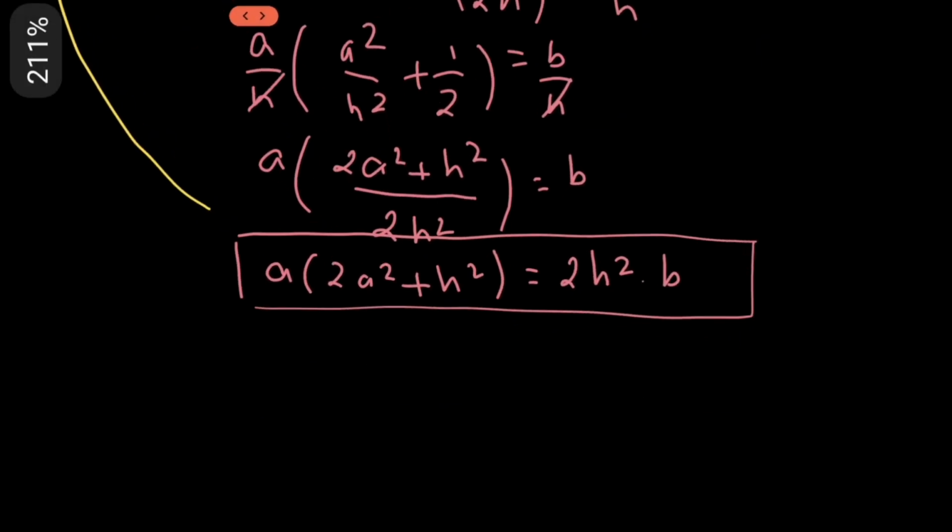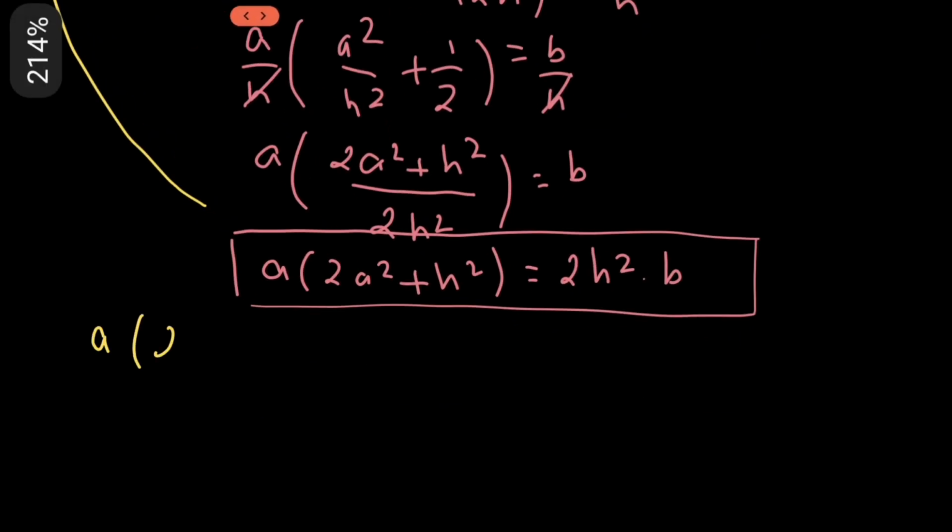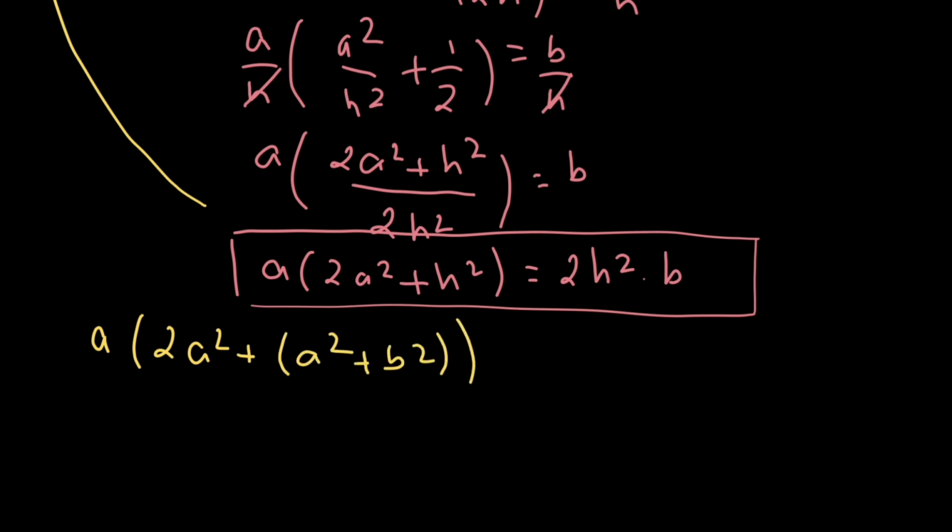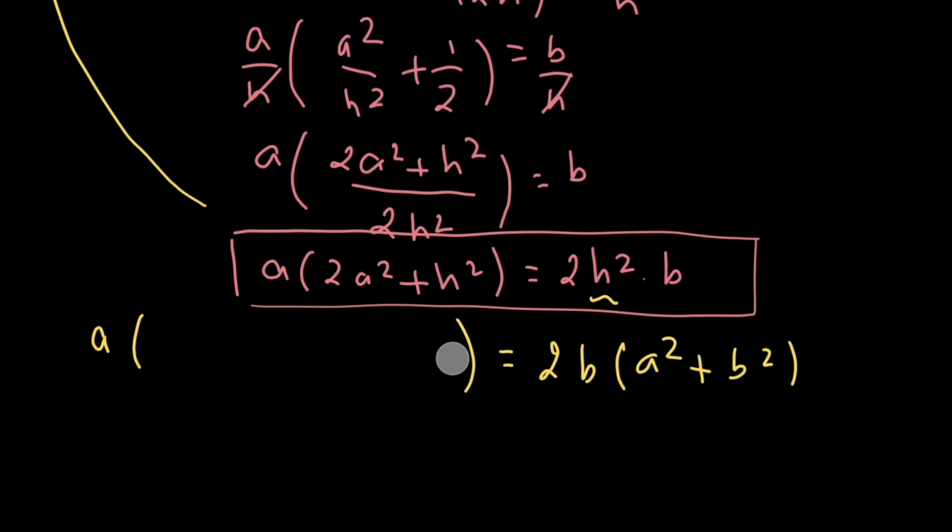So using that, I will get a multiplied with 2a square plus, now instead of h square I will write a square plus b square. This is equal to 2 times b multiplied with a square plus b square, the value for h square. So inside this bracket, I can see 2a square plus a square plus b square will turn out to be 3a square plus b square. Now on both of the sides, I need to simply open the brackets.